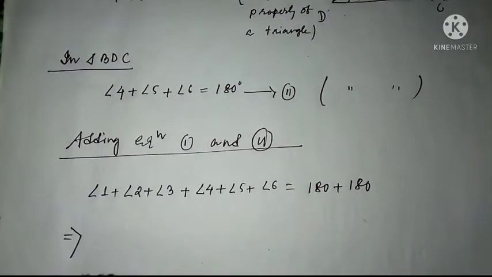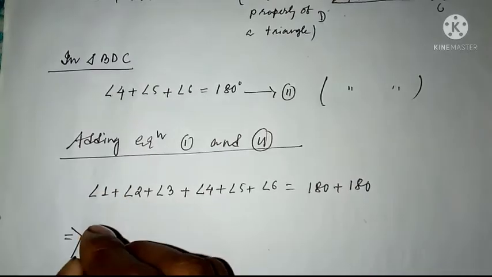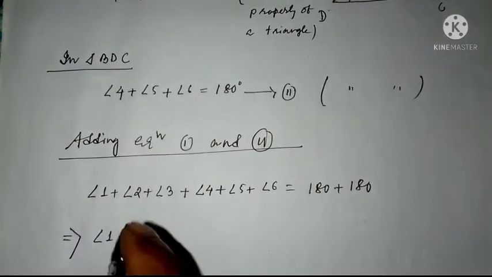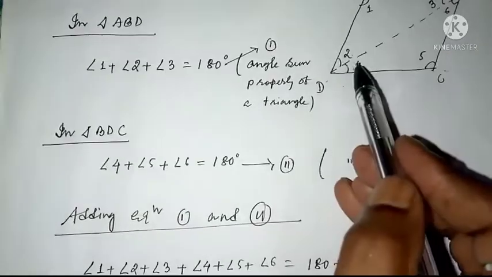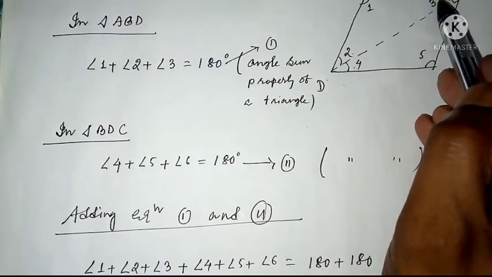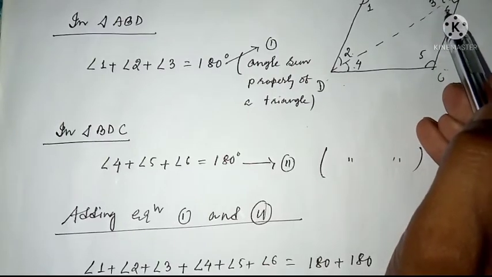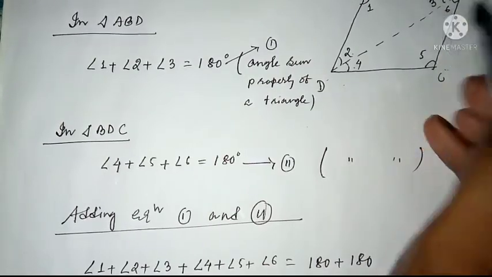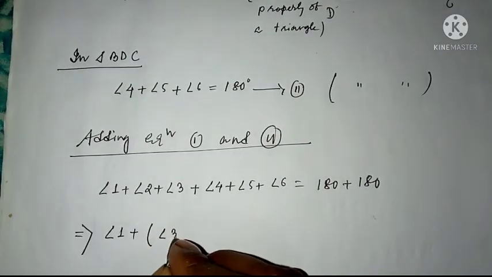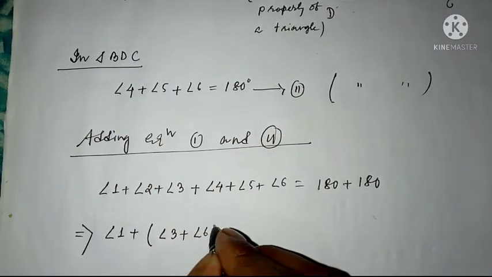So I have said angle 1, you write as it is. Then what I've said, to get angle D we need to combine 2 and 4, and for B, 3 and 6. So first of all I'll combine angle 3 and 6. There is your angle 3 plus angle 6.